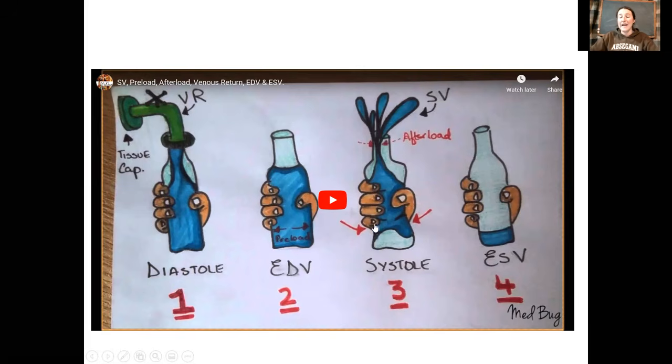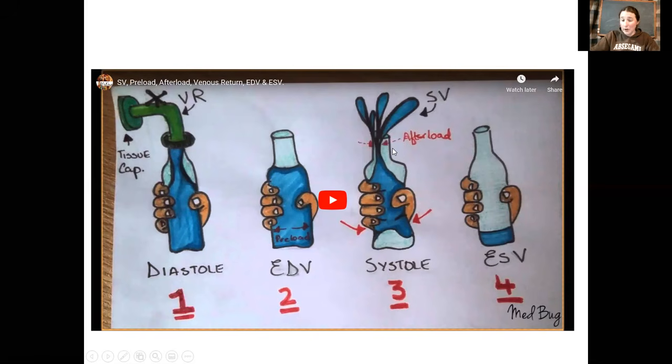Now, of course, the ventricle is triggered. In this case, we see the hand is going to squeeze on the bottle, stimulating ventricular systole. So with the squeezing, the ventricle is getting smaller. And as we can see, the blood, the water in this case, is being pushed out of the ventricle. Now, what we also see here is that there is a bit of afterload.